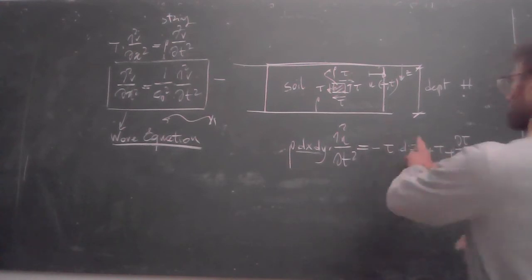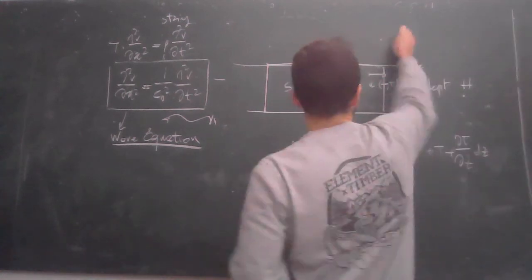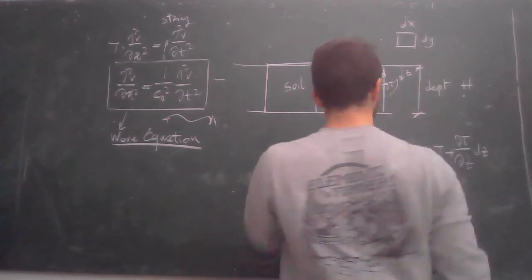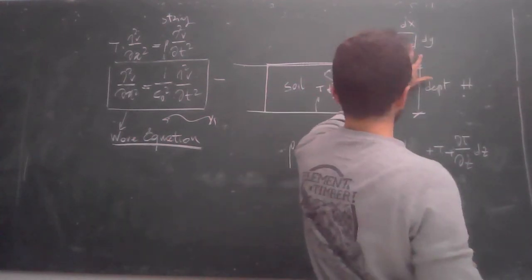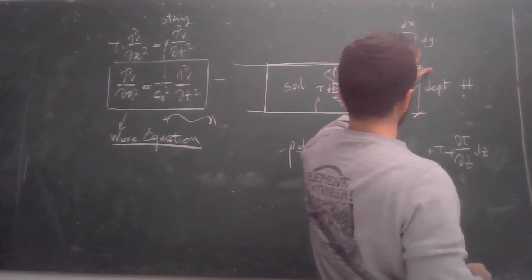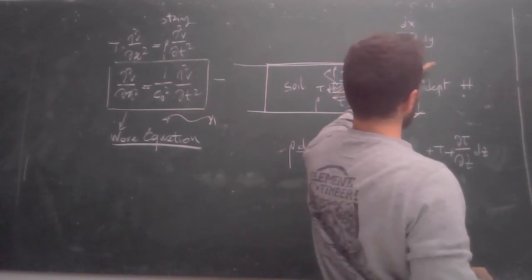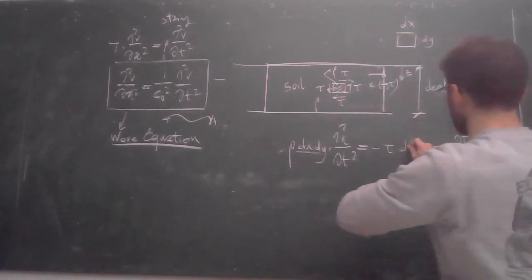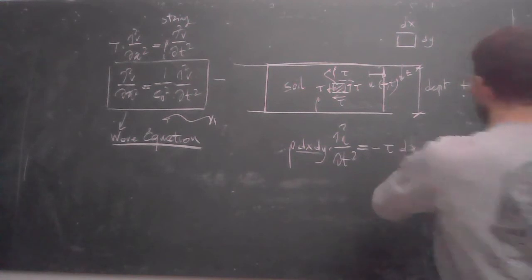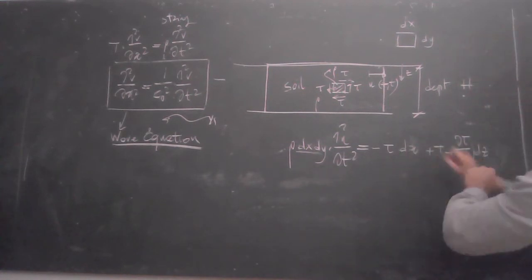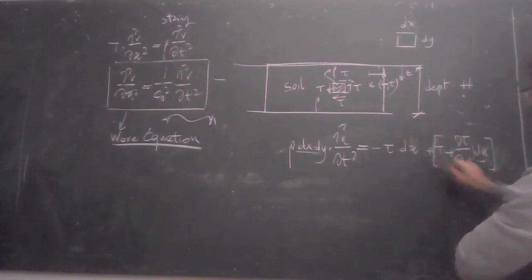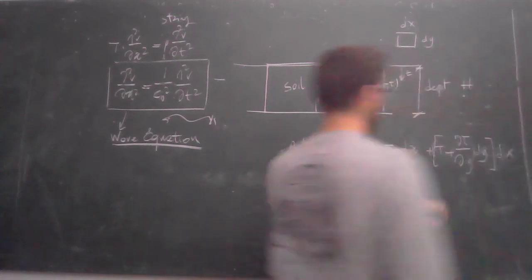Sorry, it's tau. This is the element. So this is dx and dy. So we want to have the total forces. This is a tension, so we have to multiply by its length. This is tau dx. And this one is tau plus d tau over dy dx. Sorry.